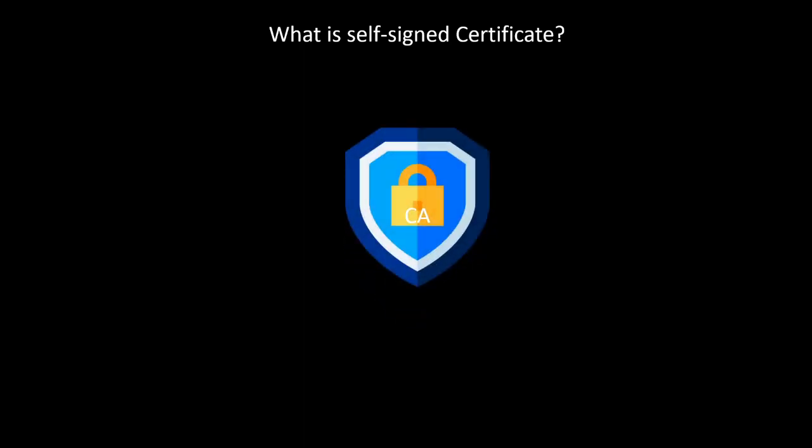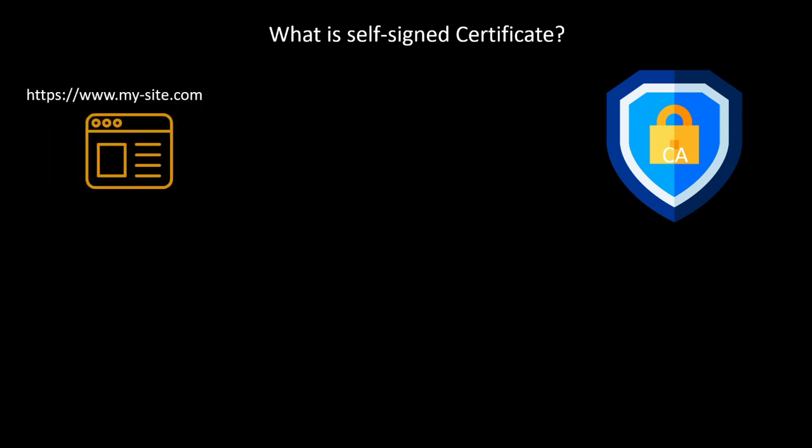Now let's see what a self-signed certificate is. Sometimes it might not be necessary to have a well-known certificate authority sign the certificate. There is no third-party authority to sign the certificate. Assume you have your own application on a development or staging server and want to communicate over HTTPS.